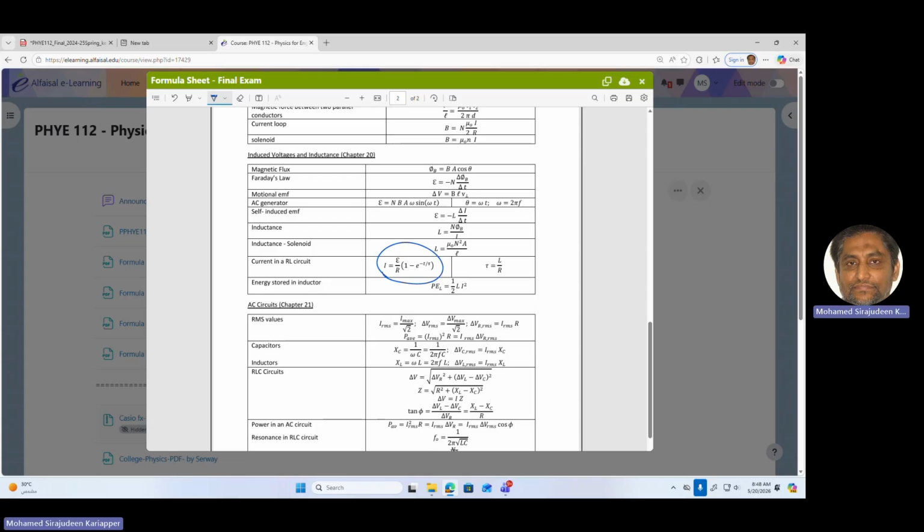Okay. So that's the equation that gives I as a function of time, where this tau is called the time constant, like in the RC circuit. For RL circuit also, we have a time constant. For RC circuit, tau is equal to RC, but for RL circuit, tau is equal to L over R. That's the theory.